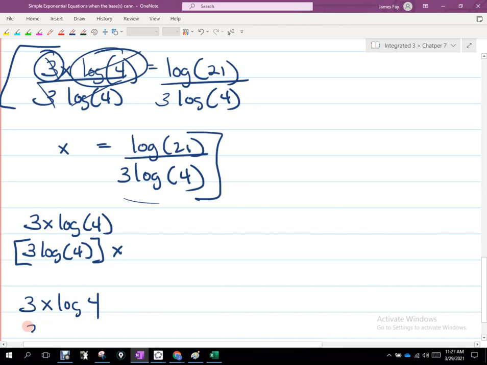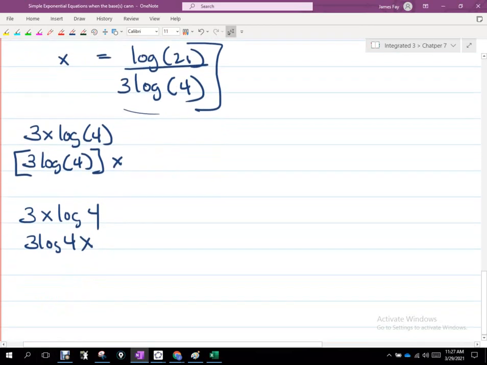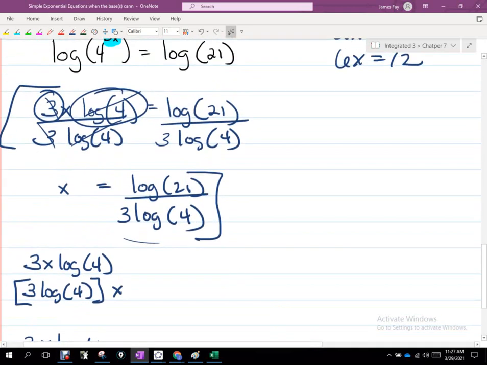But if I write it as 3 log 4x like that, nobody knows whether that 4x is in the parentheses here or if it's out of the parentheses, because it means two different things. Does that make sense? So to eliminate that confusion, they always write the x out in front. Okay? But that means that log 4 is still a component to a coefficient, and so is the 3 here.